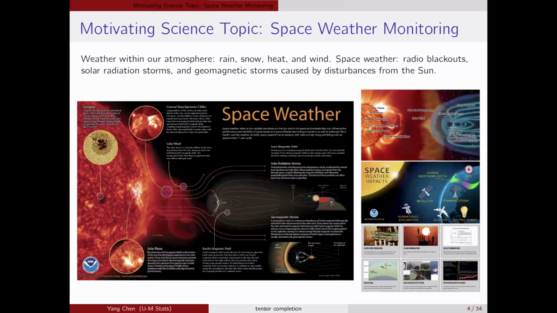It's really more about radio blackouts, solar radiation storms, and geomagnetic storms, and those all come from the sun. You can think about the sun as a super angry object that can throw a tantrum at any time, and that actually impacts the astronauts and the near-Earth environment.